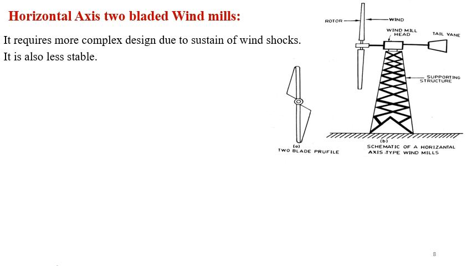It is also less stable. So it saves the cost and weight of the rotor blade, but you should know a tail vane is required in order to control yaw.